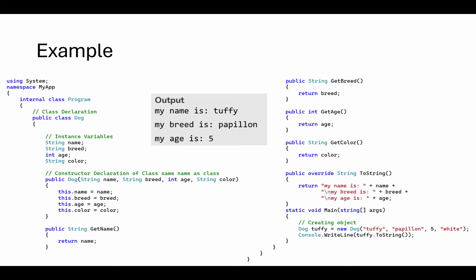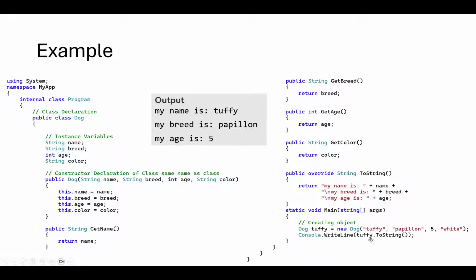As a result, we will have the following output. As you can see, we create object dog and name it Tufi, and provide some properties for this dog. And we use the WriteLine method.